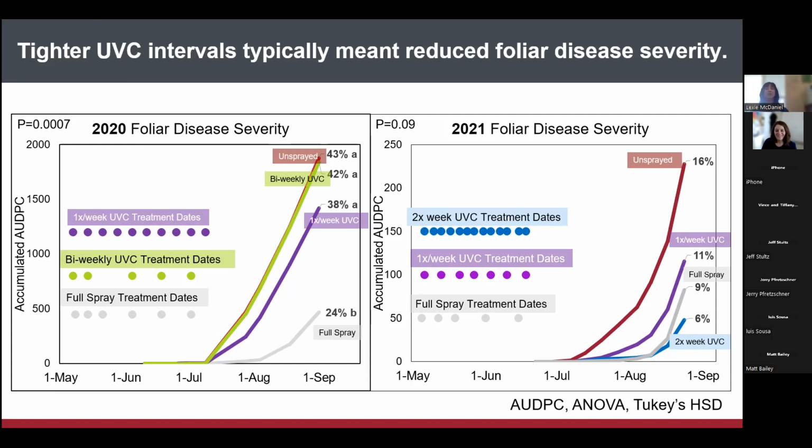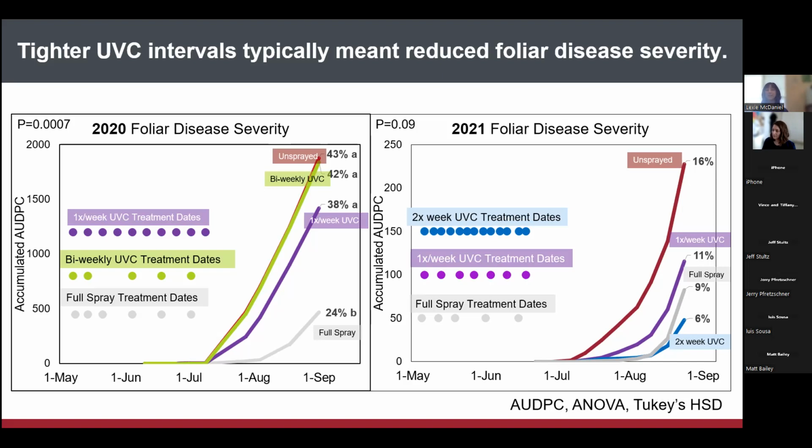What we did is we took all those disease ratings throughout the year, all those percentages, and turned them into a way we can visualize them throughout the season. So we're seeing how the disease progresses through the season. Those dots there are showing when we applied treatments.